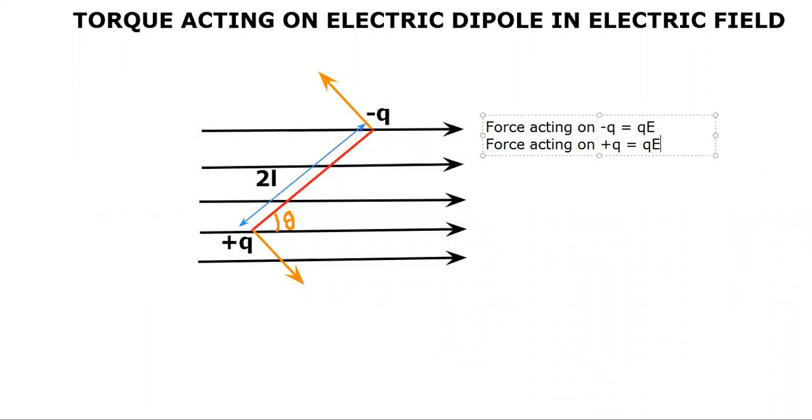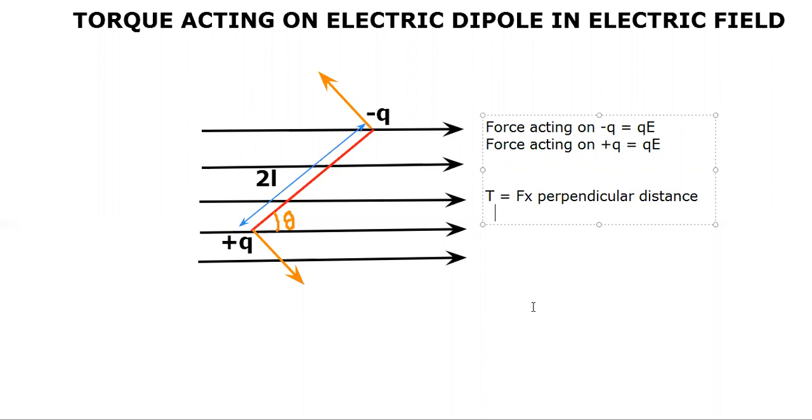Both have the same magnitude but different direction. If you remember the formula of torque, it was force into perpendicular distance. Right? Now the force is QE. As you can see, we have to take only one force, either of minus q or of plus q. The force is QE. Now where is the perpendicular distance?